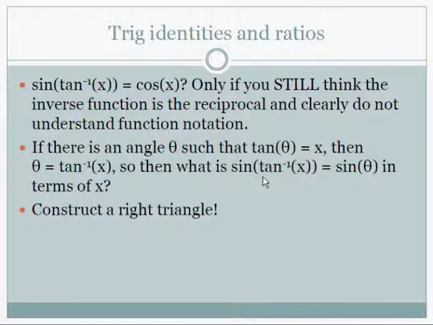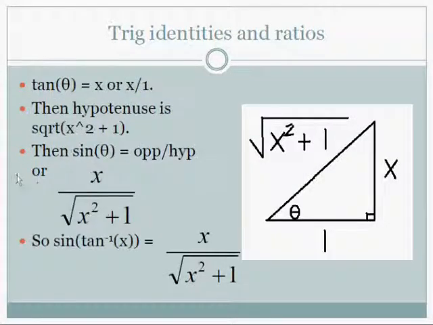So the easiest way to do this is to construct a right triangle. I specified that x had to be between 0 and pi over 2, just to make things super nice, everything was happy in the first quadrant, regardless of what you were thinking. So, if we know that the tangent of theta is x, we can write that as a fraction, x over 1, using our SOHCAHTOA method, tangent being opposite over adjacent, so we could have x divided by 1.